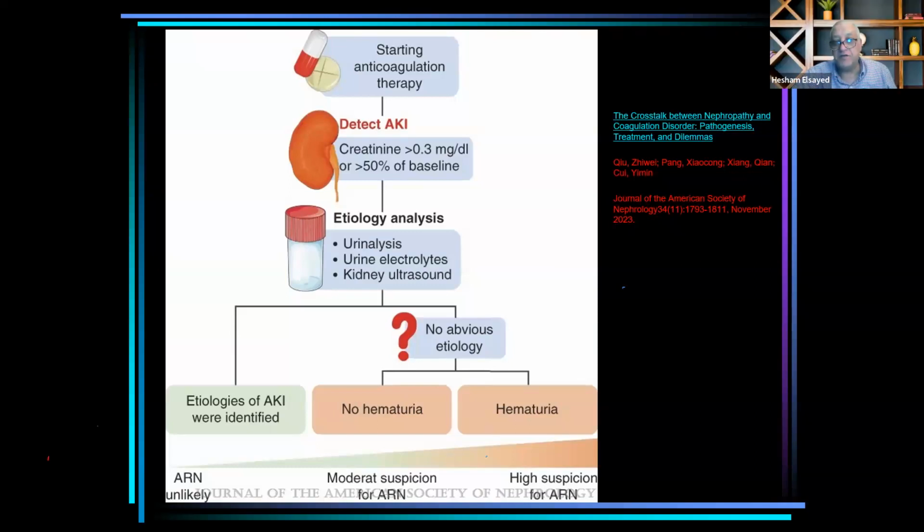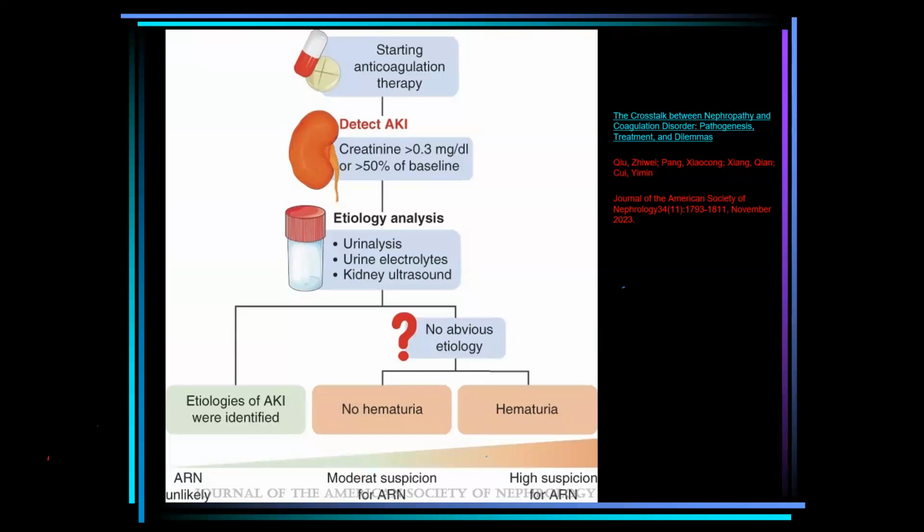Just I would like to appreciate what Professor Assam mentioned regarding the ARN, or anticoagulation-related nephropathy. I know that it is a very challenging issue, especially if you want to do a renal biopsy in the dilemma of high INR and so on. So basically, as Professor Assam mentioned, we depend on the clinical scenario more than the biopsy.